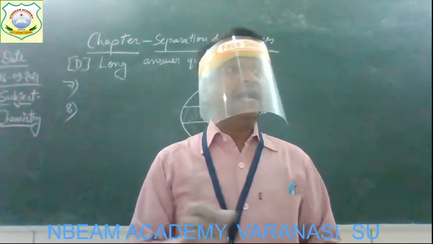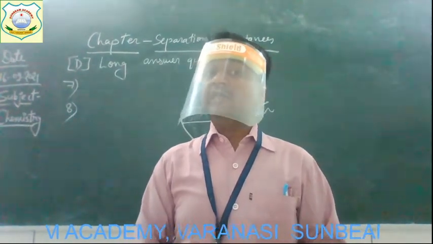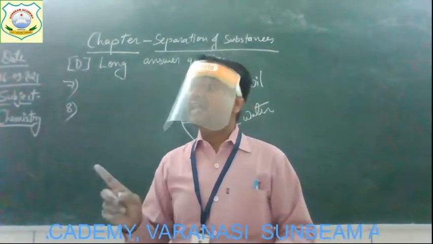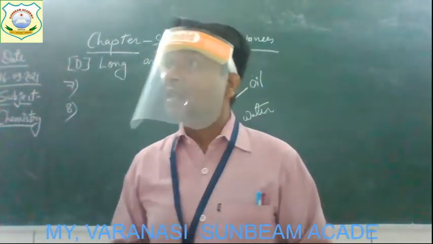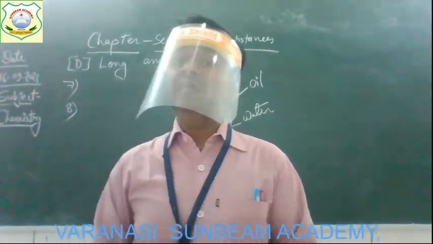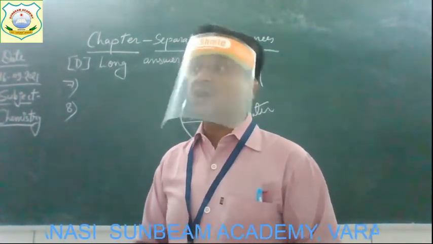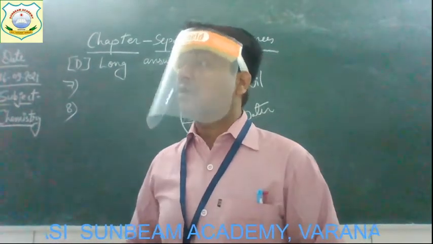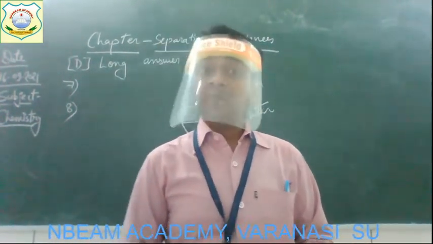And in a plant's body, what is the importance of water? What happens there in plants? Plants can absorb different nutrients from the soil only when they are soluble in water. If they are not soluble in water, the plant cannot absorb them. So this is the importance of water for plants.